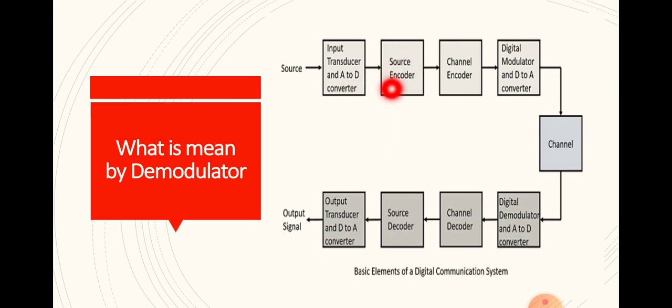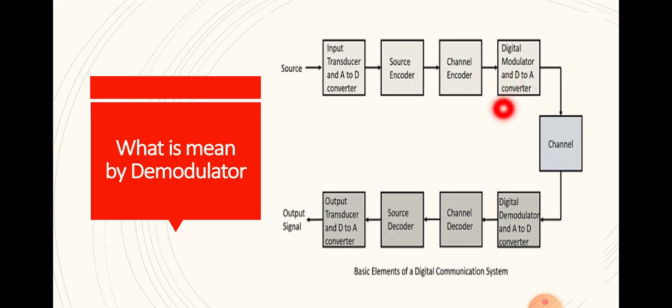Here we have the source encoder, which encodes the incoming information. Here the channel encoder selects the proper channel. Here we have the digital modulator and D to A converter. Now we have to transmit this digital information through the channel so that it can easily travel.